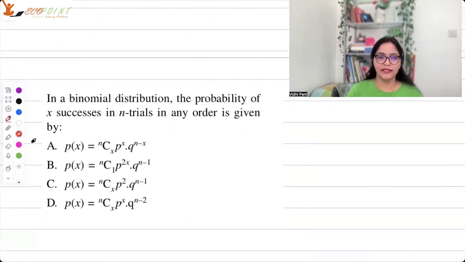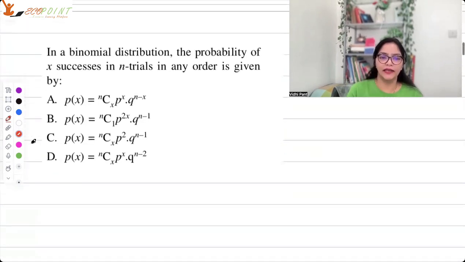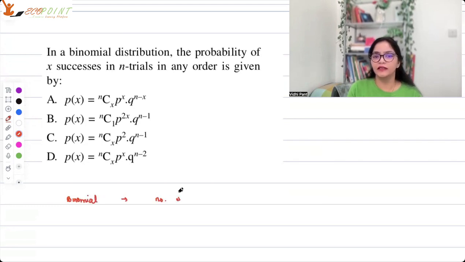Question number 2, the next quick question is, in a binomial distribution, the probability of X successes in n trials in any order is given by. So in binomial, your random variable is the number of successes in a fixed number of trials.